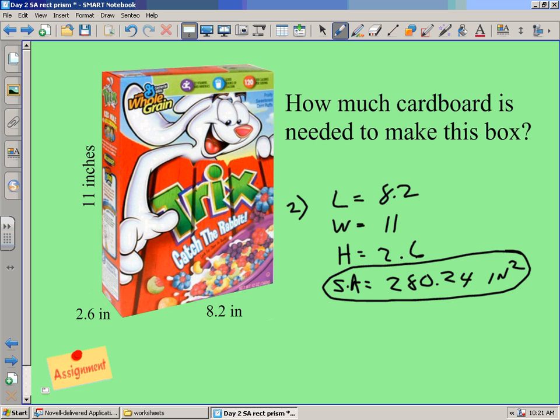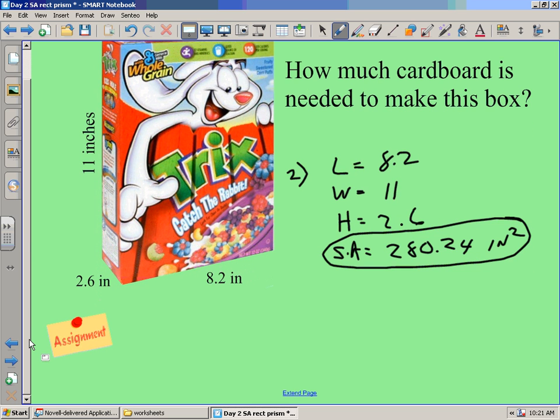First of all, if you didn't get that answer, then the only thing I suggest is that you're being much more careful with your calculator, plugging it in. Okay. Number 2, if you had an answer of 140.12, you did everything well, you just forgot to double it. And then the last thing is you do want to make sure that your calculator does follow order of operations. If you're using your own calculator at home, remember, we're assuming that the calculator is doing those multiplication parts and addition parts.